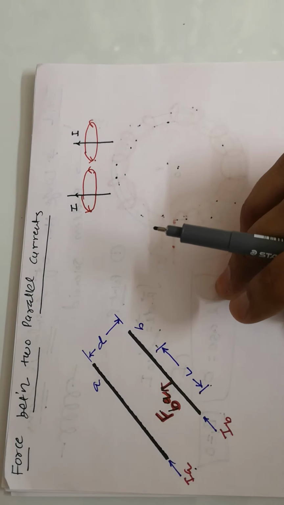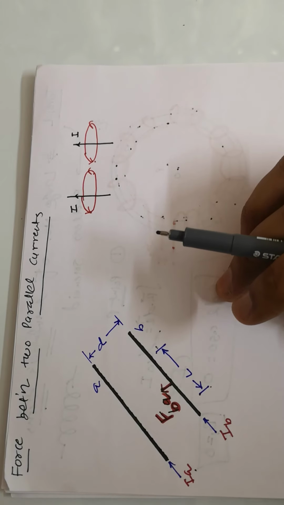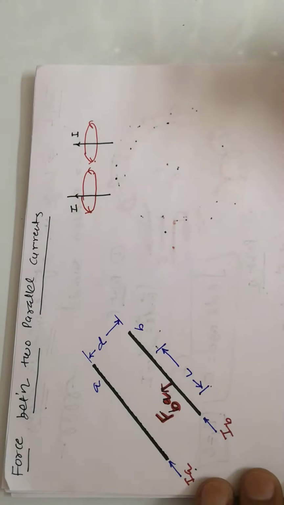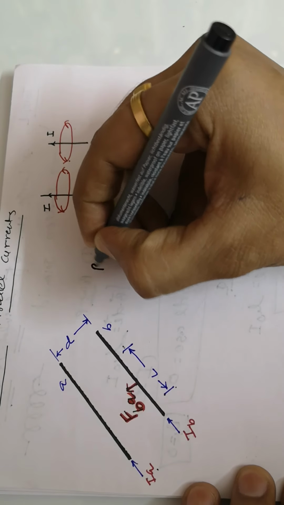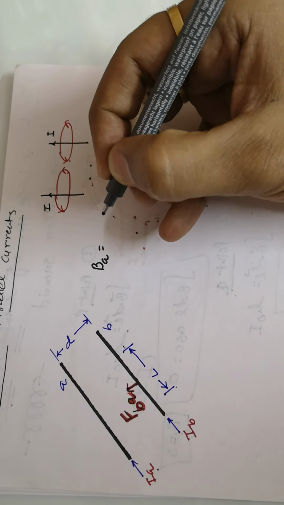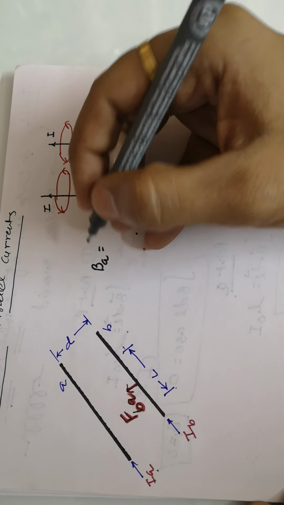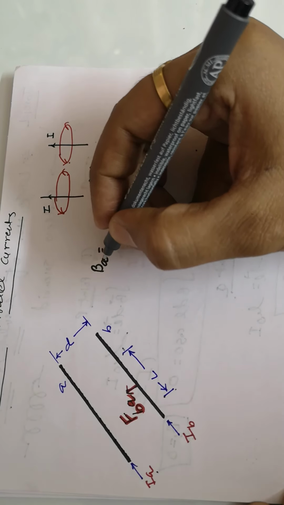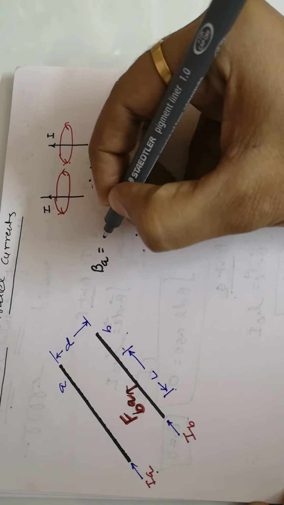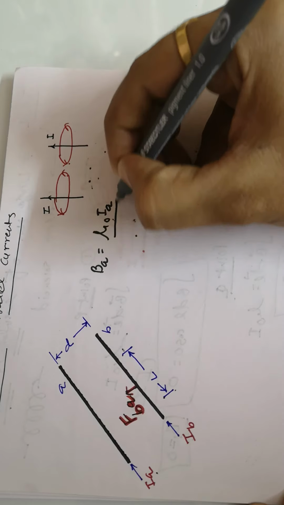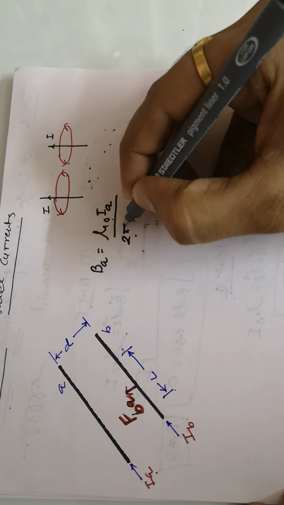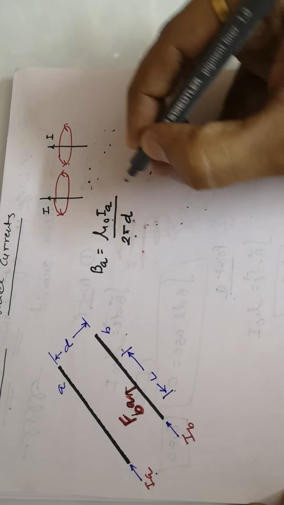So this is the theorem which we are discussing right now. First of all, we put an initial expression. You are aware of that expression in terms of the magnetic field produced by our current carrying wire A. You can take B as well, that is mu 0 IA divided by 2 pi d.